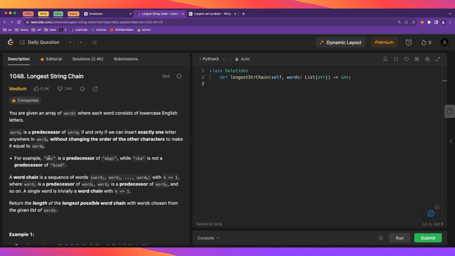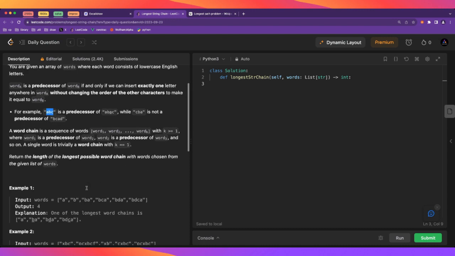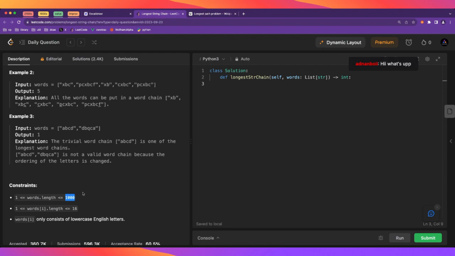Then, for example, if you want to know all the potential successors of a word, you can try inserting a character on every position, right? If there are k letters, there are k plus 1 insertion points, and you have 26 possible characters on each. So that is around 16 times 26, which is smaller than going over all the 1000 words.